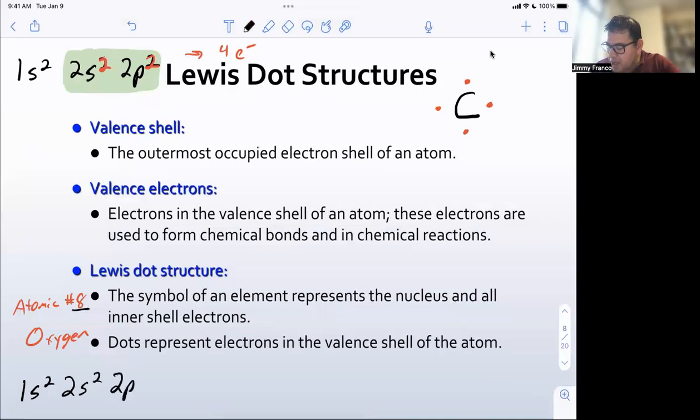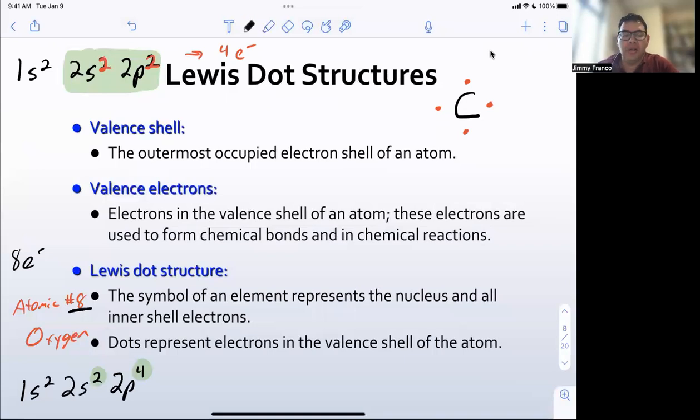And if you remember, as long as the atom's neutral, if it has an atomic number of 8, it's going to be 8 protons and 8 electrons. So that means we've already got 2, 4, and so we need 4 more. And so we put our 4 electrons. Now, if we highlight these are my valence electrons. So I have 6 total.